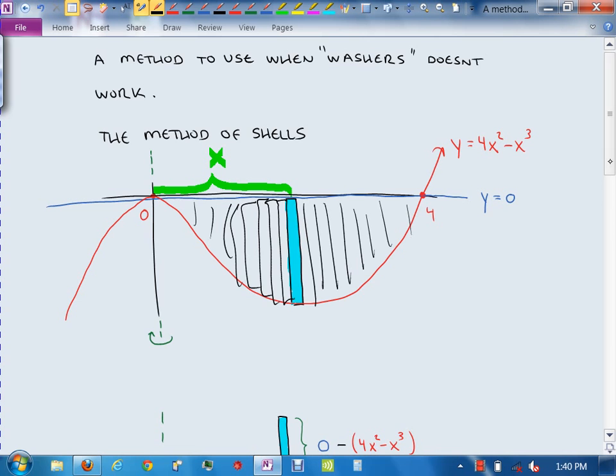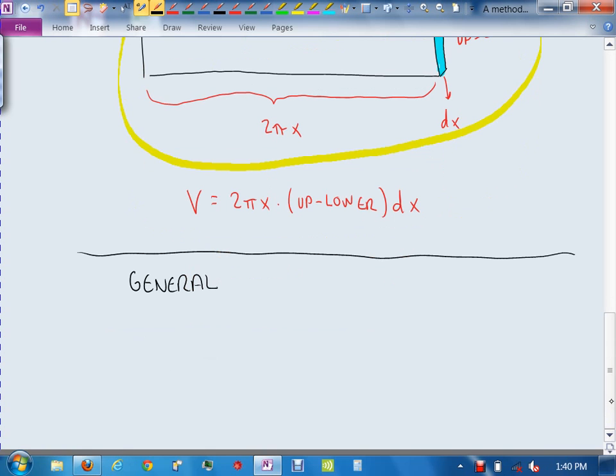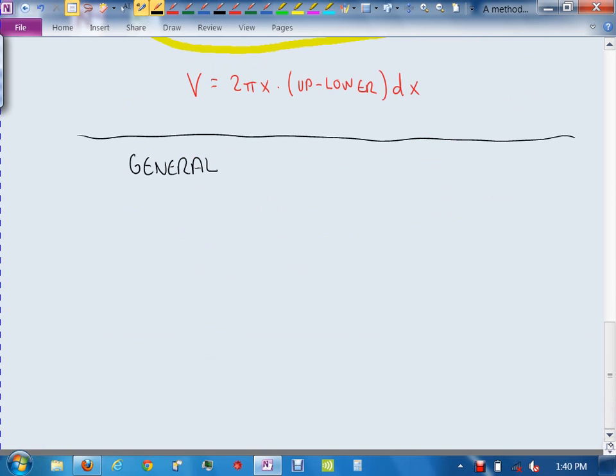So our general formula, I'm going to go to a general formula, and I'll draw a little picture just above it of what we're doing. We have an axis of rotation which is vertical, like this. We have a region, I'll do it in 2 different colors, a blue one on top of a red one like this.